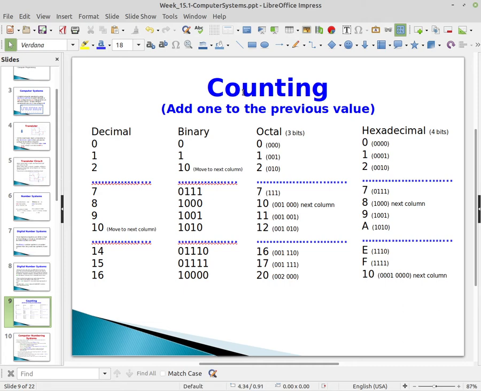So here is an example when you're counting, right? I started out with decimal because we all know how to count in decimal. So we have 0, you add 1 and you get 1, you add 1 to that and you get 2, and then I skipped ahead. So it's 7, you add 1 to 7, you get 8. You add 1 to 8, you get 9.